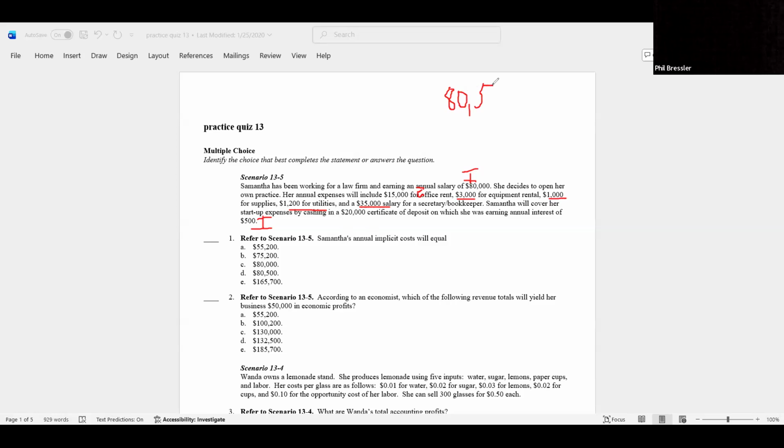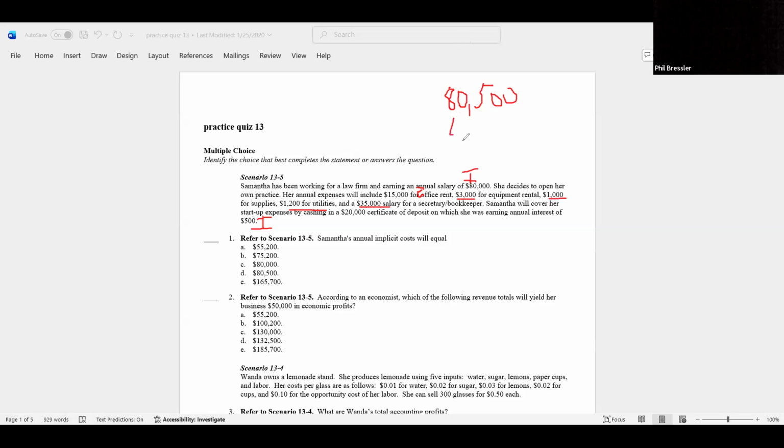Now, if I add up explicit, which is 15,000 plus office rent of 3,000 is 18,000 plus equipment rental of 1,000 is 19,000 plus supplies is 20,200 and then 35,000, that's 55,200.